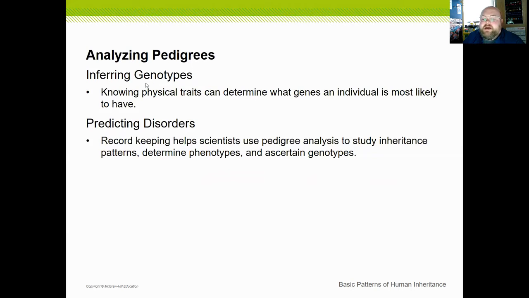Now, inferring genotypes, what we mean is knowing physical traits can determine what genes an individual is most likely to have. You can't 100% predict it, but you can make a pretty good guess. Record keeping helps scientists use pedigree analysis to study inheritance patterns, determine phenotypes, ascertain genotypes.